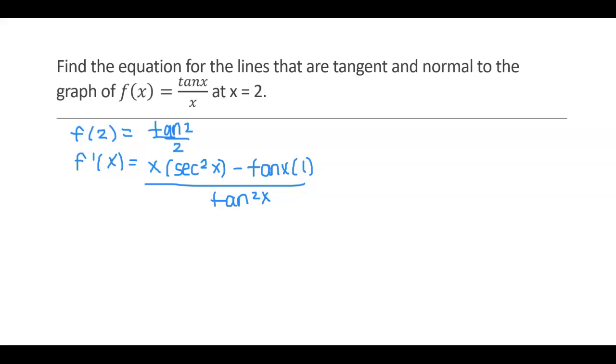That cannot be simplified. There's no identities for secant squared and tan. So you get 2 secant squared 2 minus tan 2 all over... sorry, the denominator should just be x squared, so 2 squared. I don't know why I wrote a tangent.